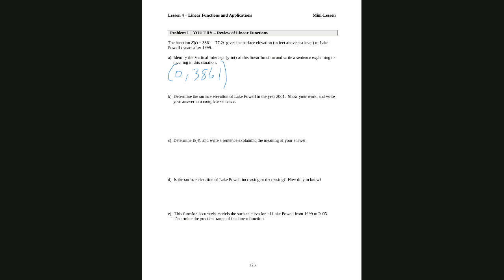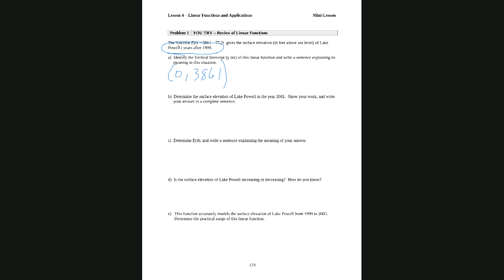We already calculated for that. Now it says to write a sentence explaining its meaning in this situation. What does this mean? Remember from the problem, we are looking at the surface elevation of Lake Powell T years after 1999.